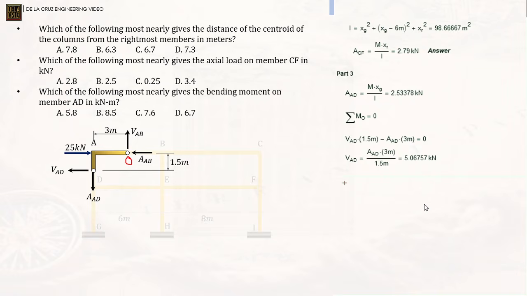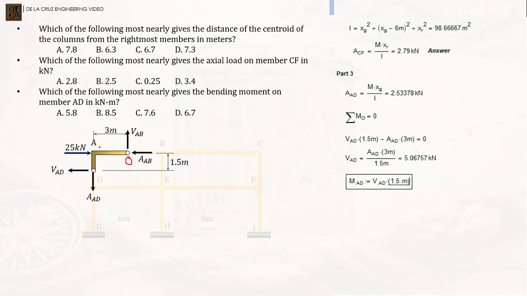So, yan na yung magiging moment ng ating column dyan. The internal moment. As I have said, constant yung moment natin sa ating members because the loads are only applied at the joints. Okay, so the moment at member AD is equivalent to VAD, which we already calculated, multiplied by the moment arm na 1.5 meters.